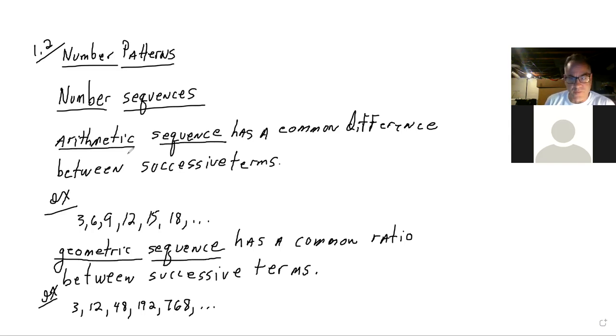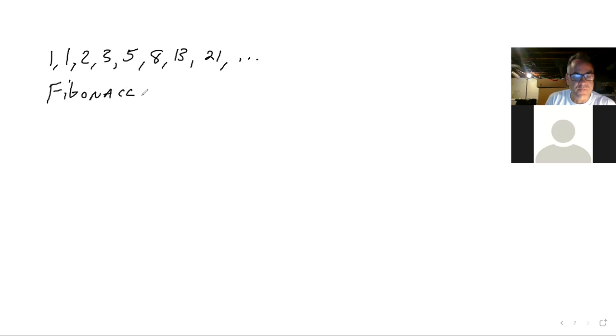Now, there are a lot of other types of sequences that aren't either arithmetic or geometric. Of course, one we had already looked at was this one, which we refer to as the Fibonacci sequence.